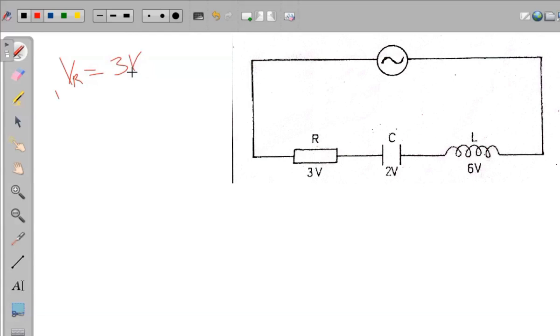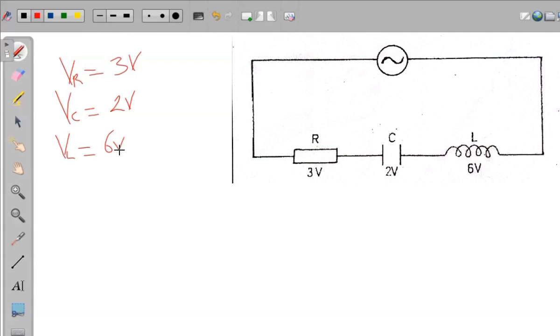The voltage across the capacitor, VC, is given as 2 volts. The voltage across the inductor, VL, is given as 6 volts. And we are asked to calculate the total EMF.